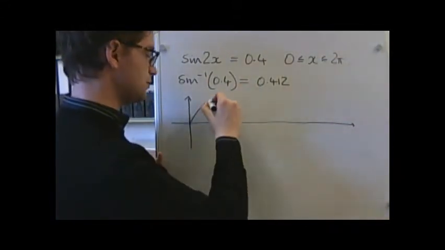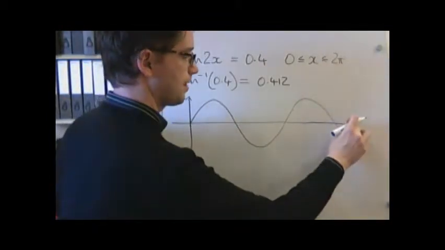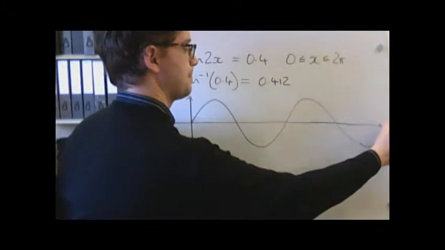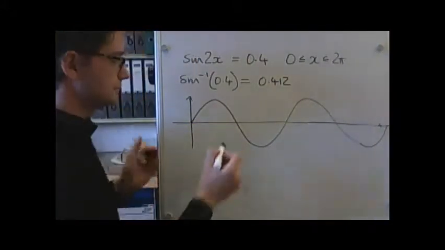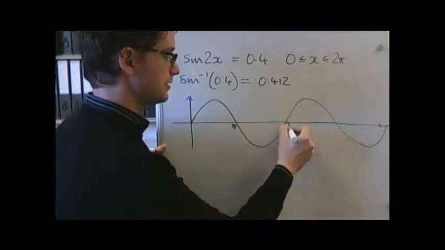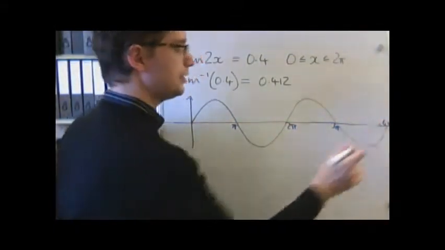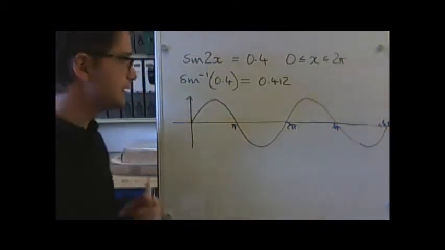I'm still going to use the regular ordinary sine curve. This runs from pi, 2 pi, 3 pi, 4 pi. I'm still interested in the ordinary curve. I'll show you why in a minute.